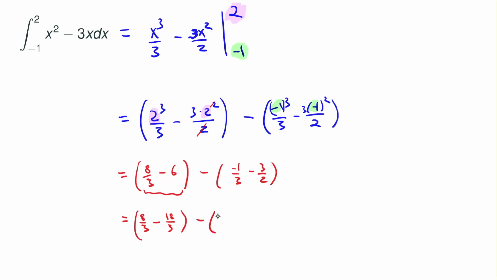Common denominator, we need a 6 as a common denominator here. So we have -2 over 6 minus 9 over 6. So let's say again, negative 10 over 3 minus negative 11 over 6. Oops.